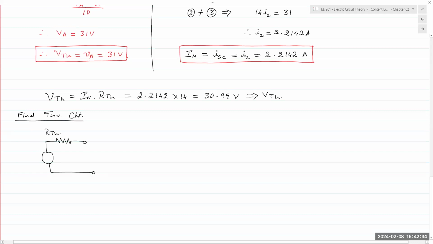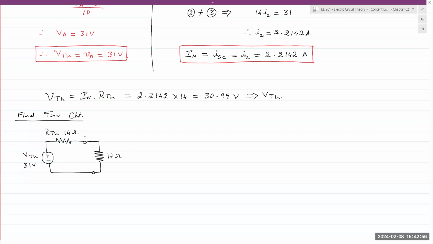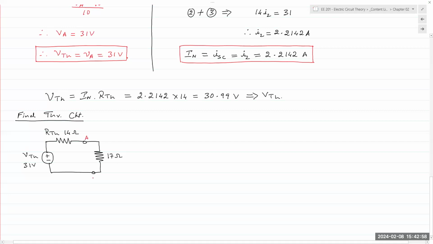RTH is 14 ohms. VTH is 31 volts. And I plug the resistor back in, the 17 ohm resistor. And my terminals A and B.